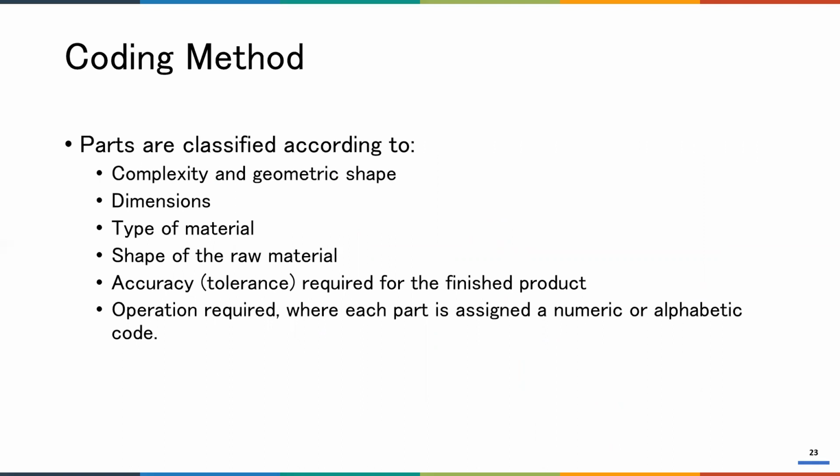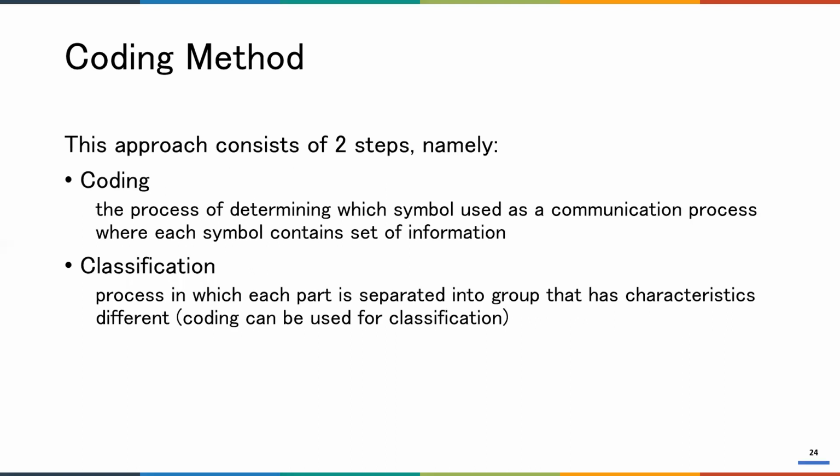So it can be the geometric shape, the dimension, the material type, the number of holes, for example, the tolerance, etc. There is no limitation on how you do the code. However, if you later work in a company, they will have a certain way to code this. Usually they refer to a big company's way to code something.